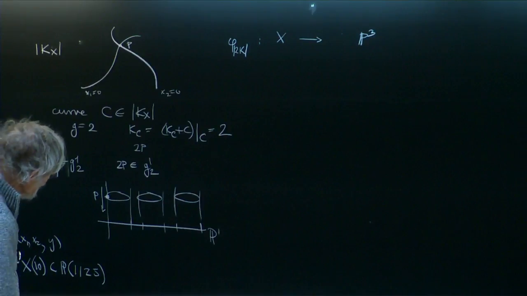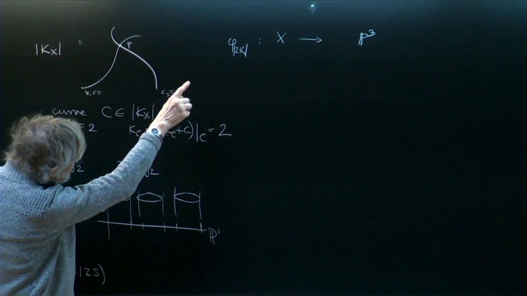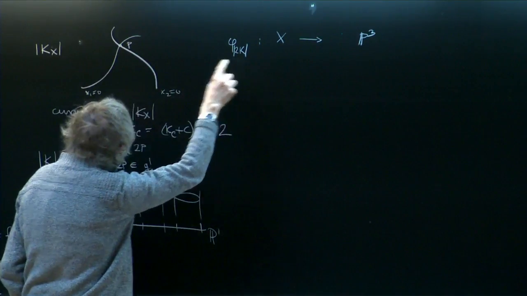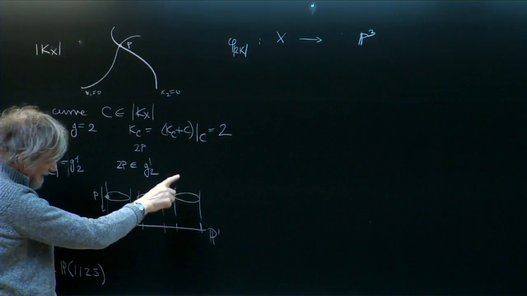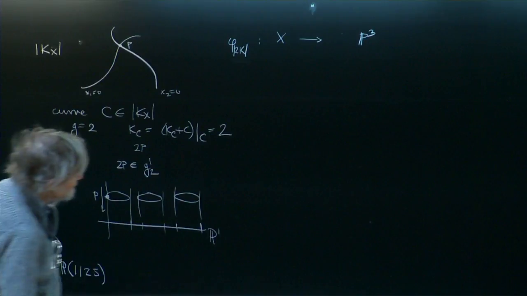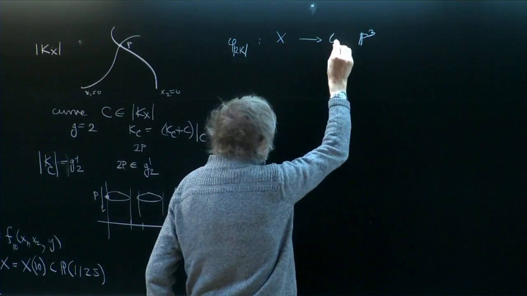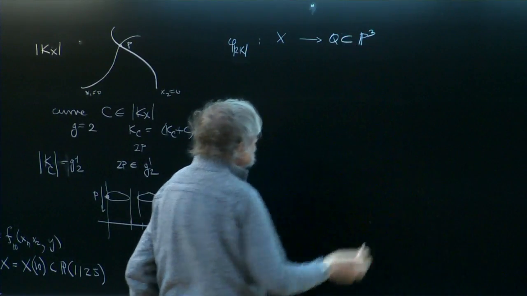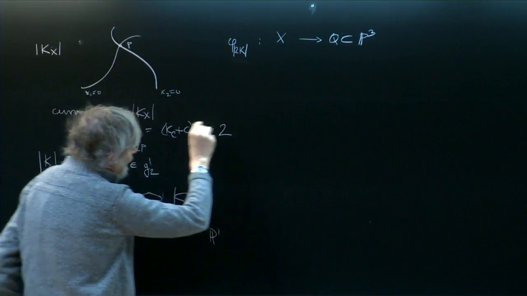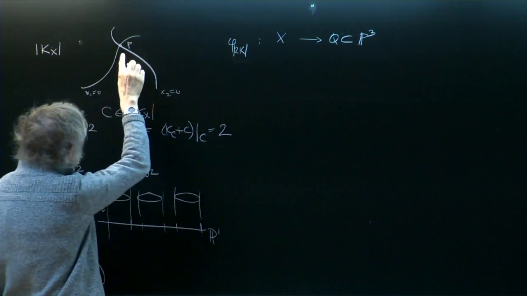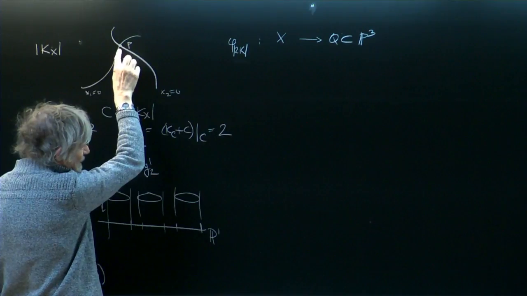Yes? And moreover, if I restrict this linear system 2K to any one of these curves, it's got to be the hyperelliptic double cover, right? And so this has to map to a surface of degree 2 in P3. But it's not just a surface of degree 2, it's a singular surface, because every one of these curves passes through this point, right?